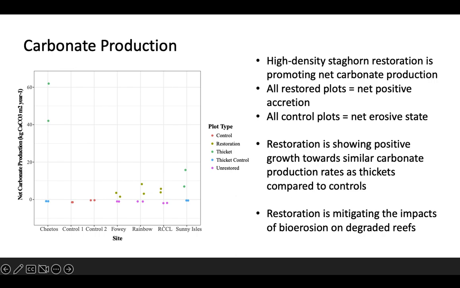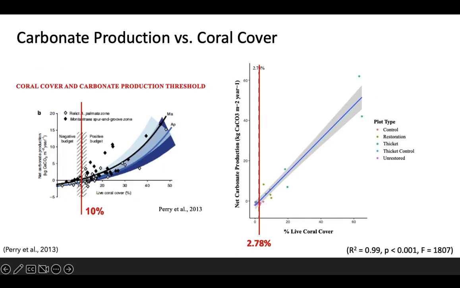This also tells us that in the plots where we have restored staghorn coral, the staghorn is outweighing the bioerosion. The bioerosion is still there at all of these sites, mainly from parrotfish, but the staghorn that we're outplanting might be, or is, outweighing the bioerosion impacts on these reefs.